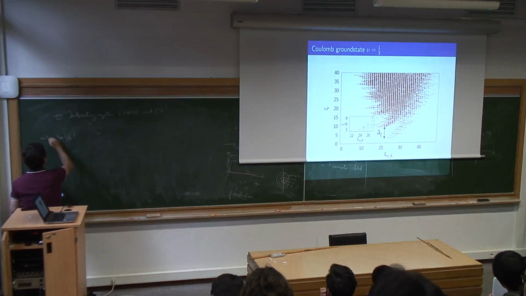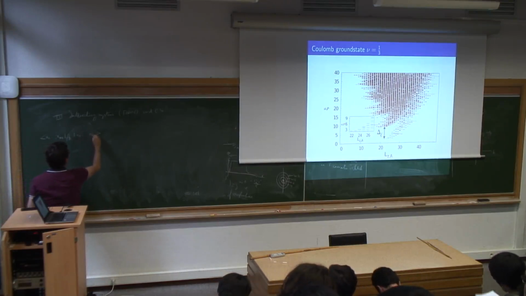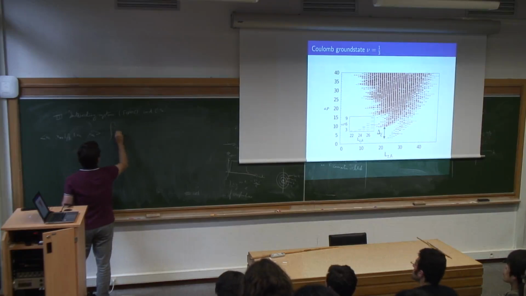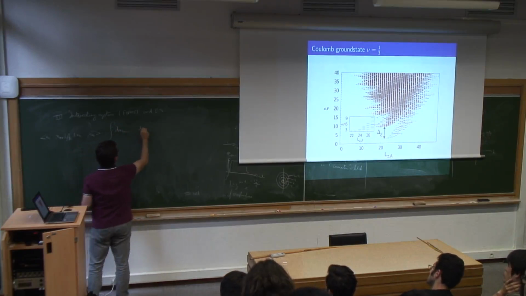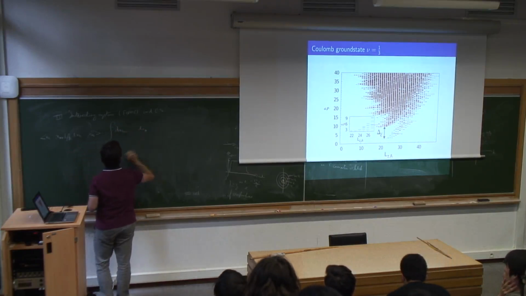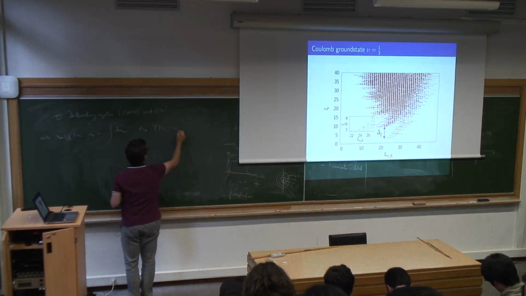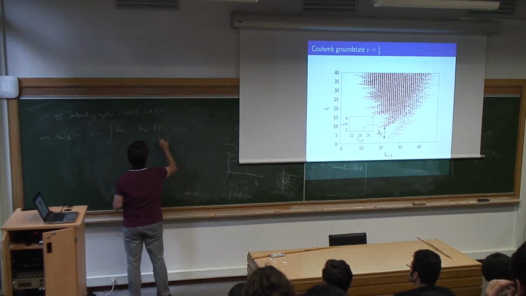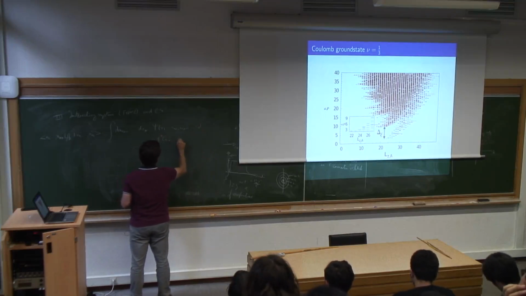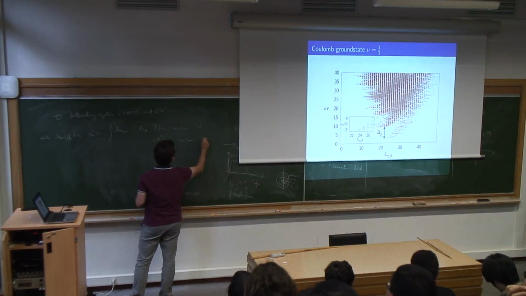I will look at NA particles, prime NA, and you integrate over x NA plus 1, up to xn, and here is x1, up to xNA, xNA plus 1, up to xn, times this. The prime is here, and here there is no prime.